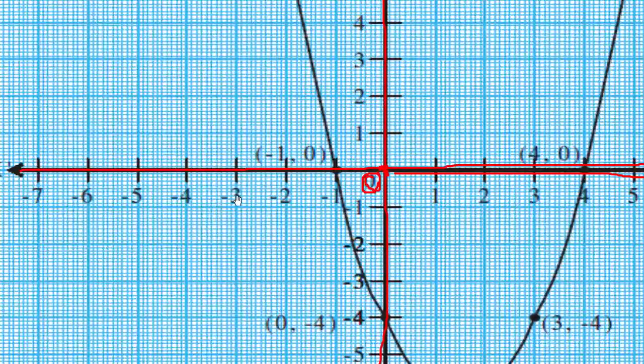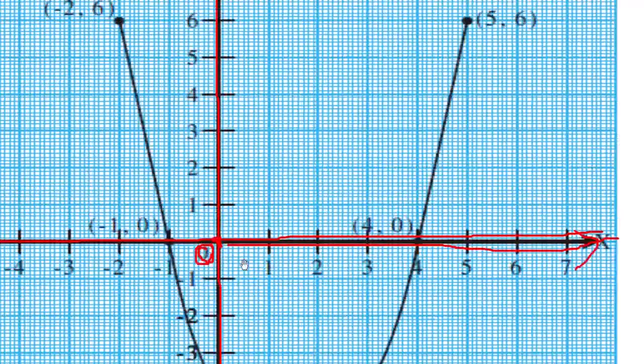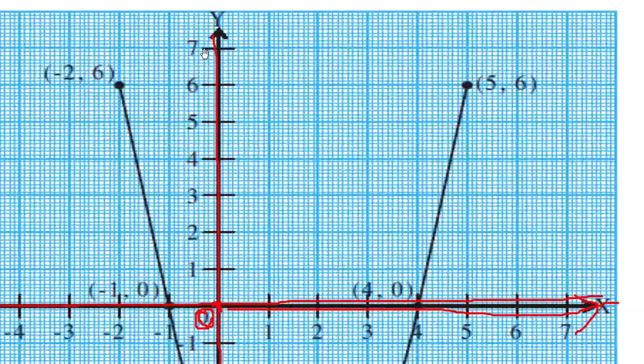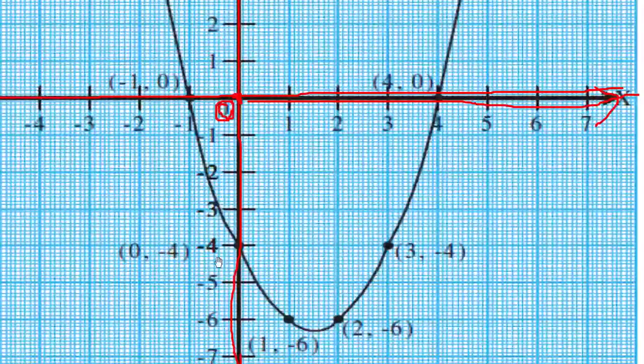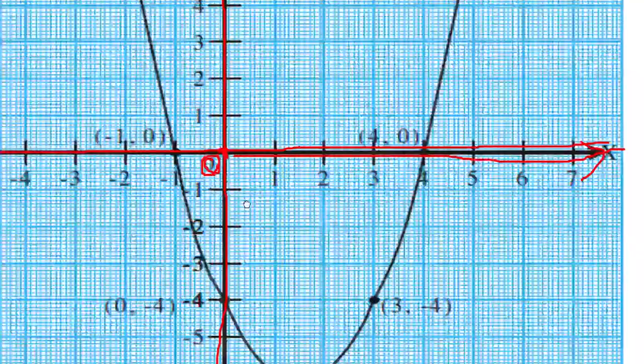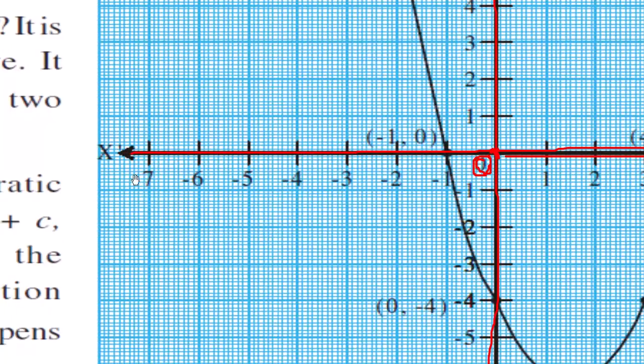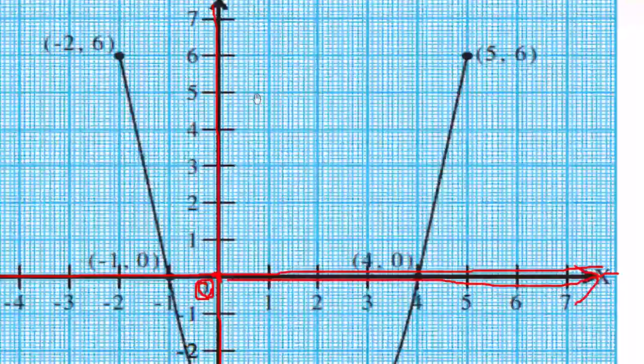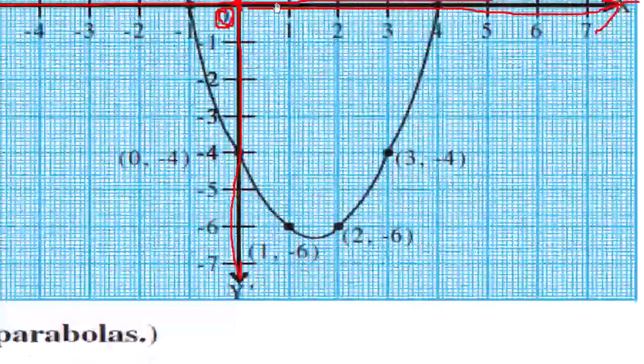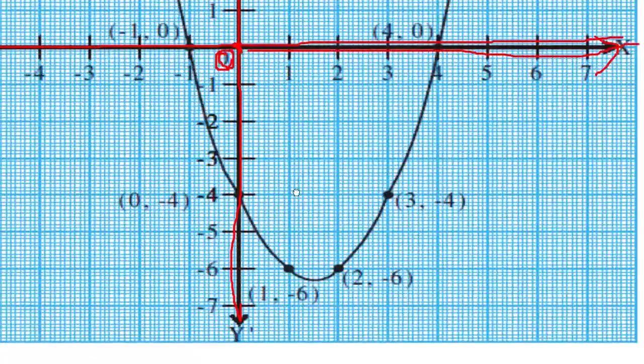Left side -1, -2 up to -7. Upwards 1, 2, 3, 4 up to 7. Downwards -1, -2 up to -7. Right side positive x-axis, left side negative x-axis, upwards positive y-axis, downwards negative y-axis.